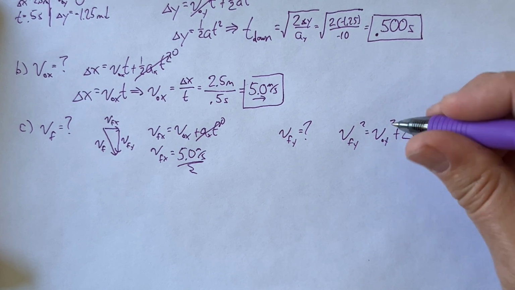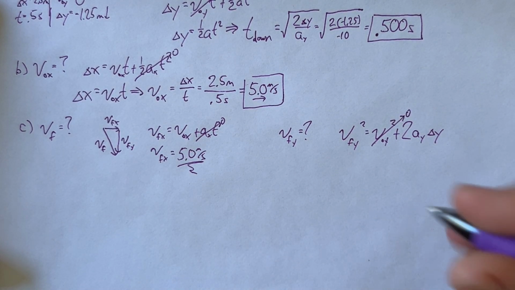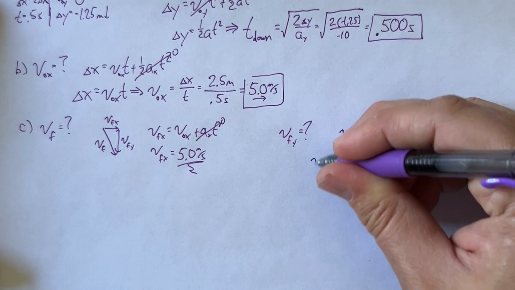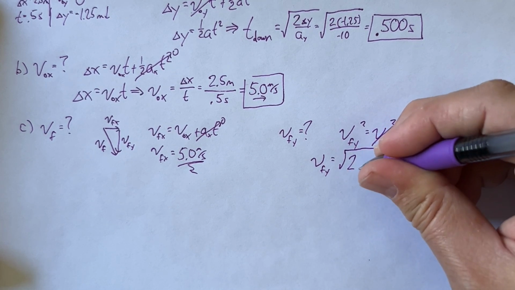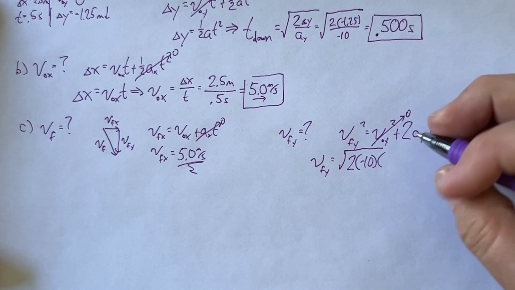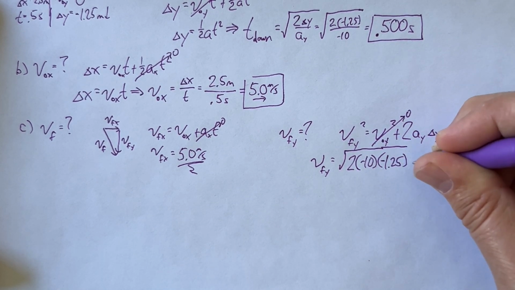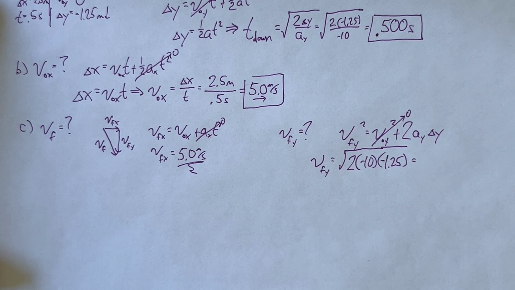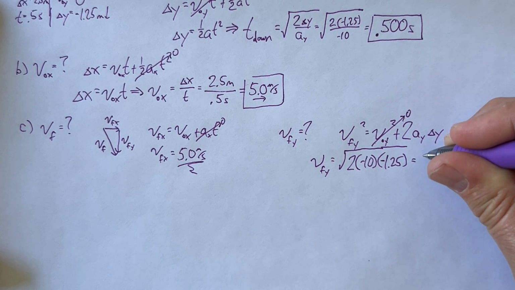So given a choice, if we have original givens to go back to, I'll use my V original, my acceleration, and my displacement rather than the time that I calculated. So if I do that, if I take my square root, 4/2 times -10 times my 1.25 meters down, and square root all of that, then we find that we have a V final Y that comes out to be 5 meters per second.